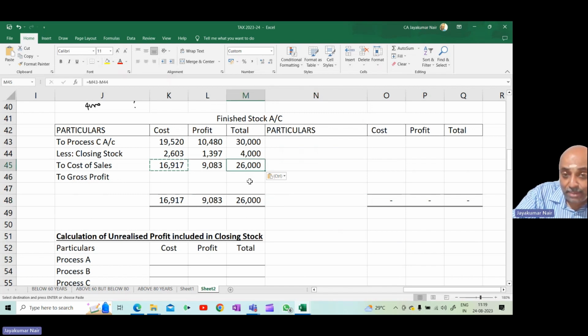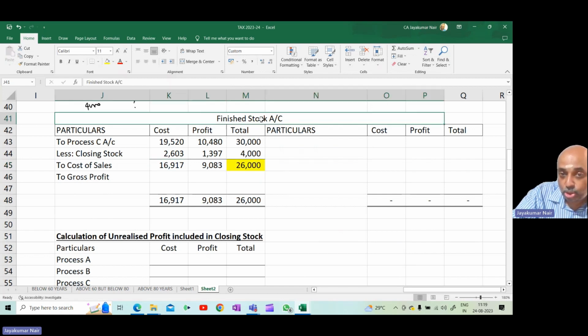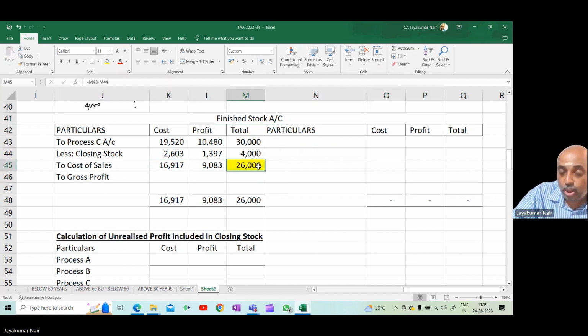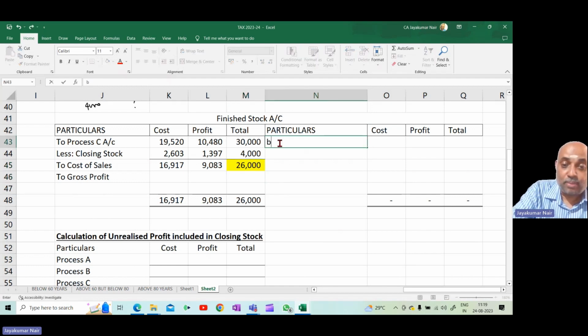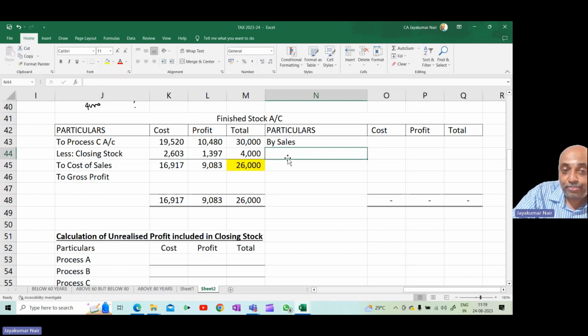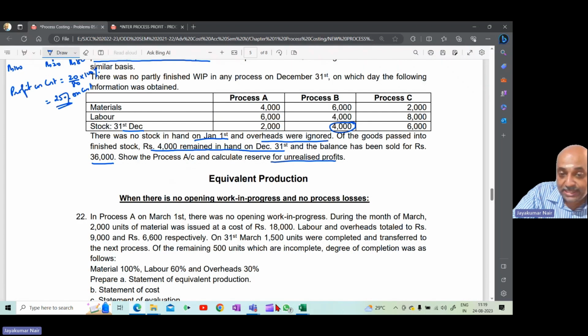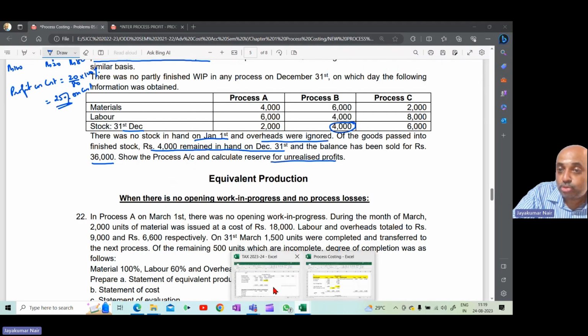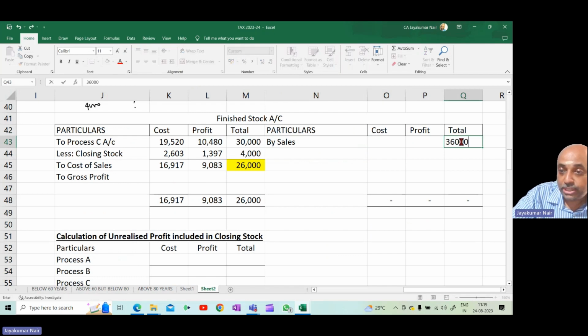Now please remember, this is the cost to the finished goods also. But then what is your sales? You sold goods for 36,000. So 36,000. Cost is 16,917.